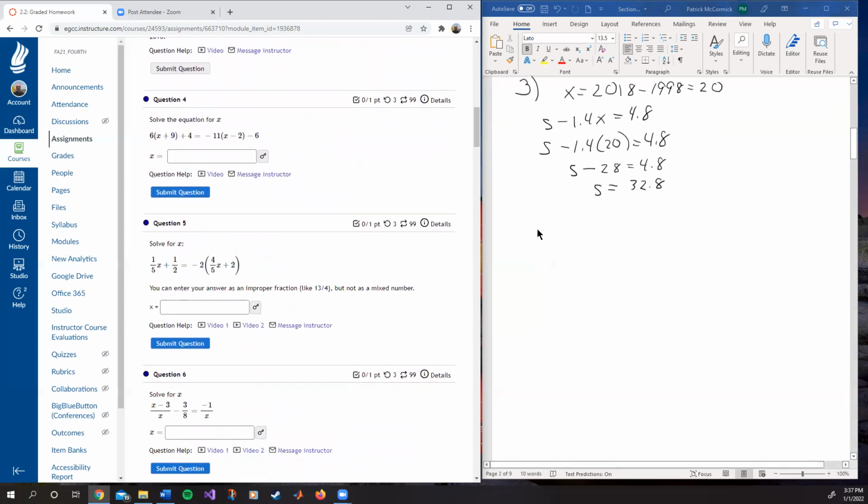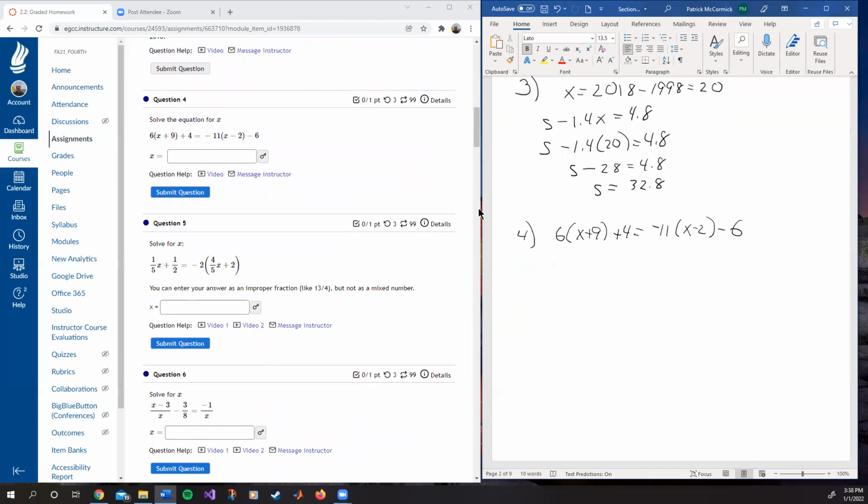All right, question 4. Let's scroll down the page here on my worksheet. Solve the equation for x. Again, we're solving this equation for x, but notice this equation does not have any fractions, so that's good. Let me copy this over without making a mistake. Equals -11 x minus 2 minus 6. So we've got a little bit of work to do here.